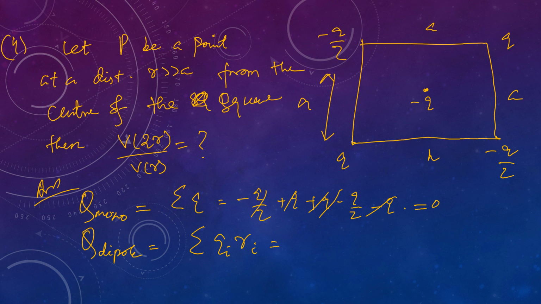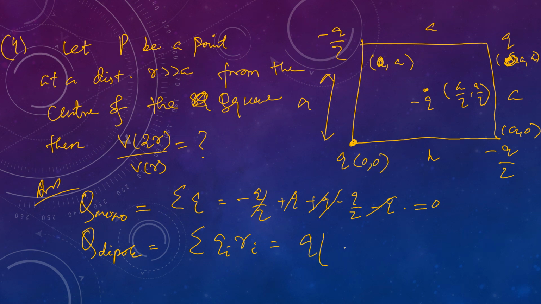For example, this is the origin. Take the reference point. If this is the origin, this point is zero a, this is a zero, and this is root two a. This point should be a by 2, isn't it? So you have to choose a point as the origin, and according to that, we will do it.